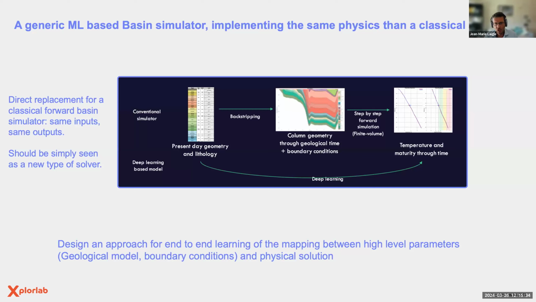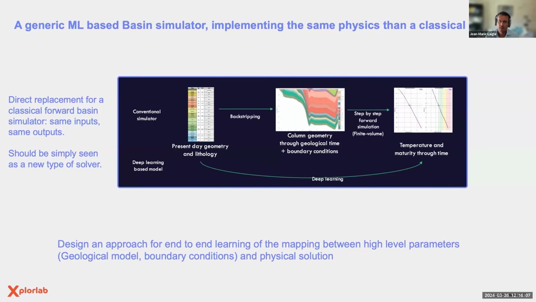So a deep learning approach, which is a shortcut for the entire process, which is usually implemented of starting with a present-day description of the basin, making a restoration of the basin through time, usually using a backstripping approach, applying boundary condition and solving step-by-step the physical state until obtaining temperature and maturity through time.